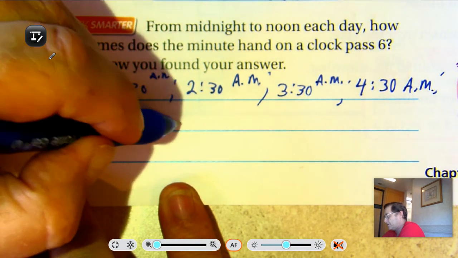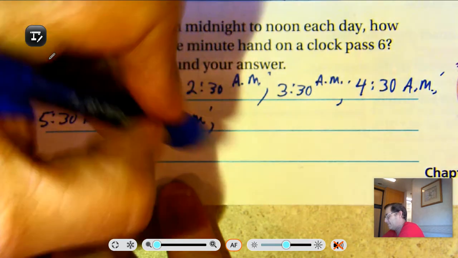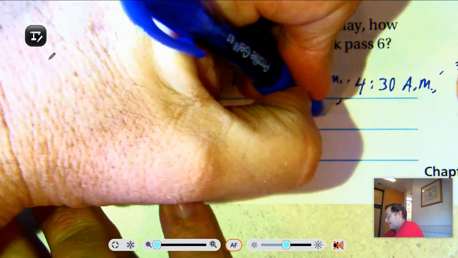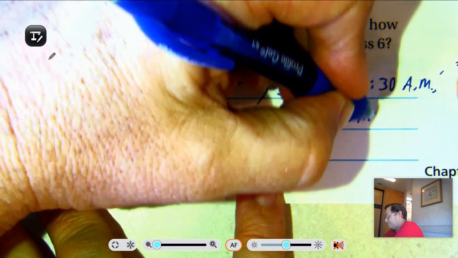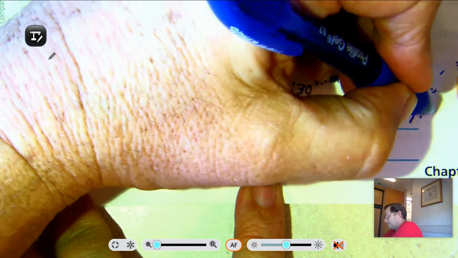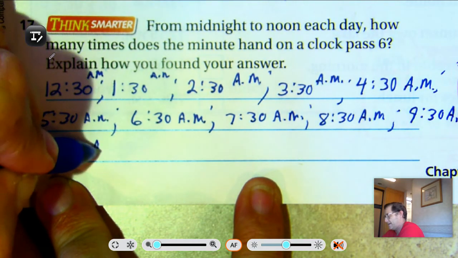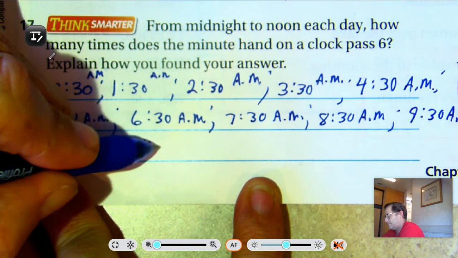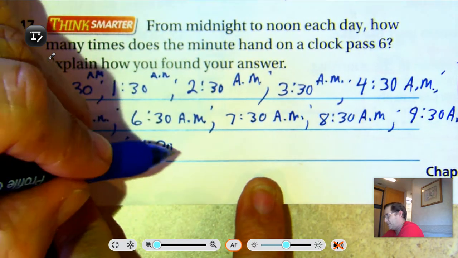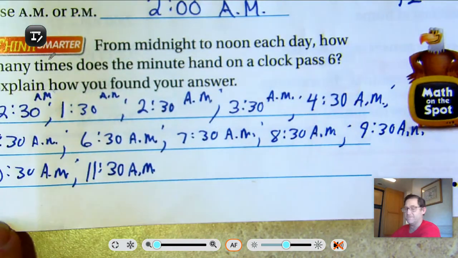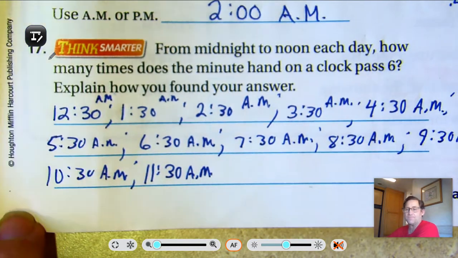So 6:30 a.m., 7:30 a.m., 8:30, 9:30 a.m., 10:30 a.m., 11:30 a.m. So that's how you can do it visually proving it. Okay.